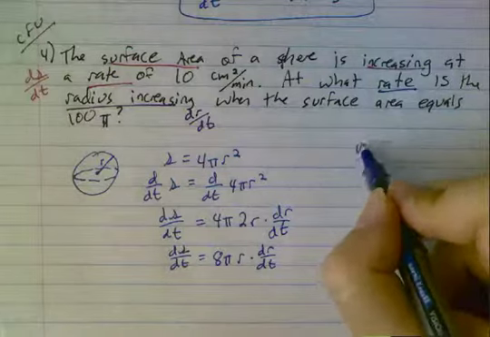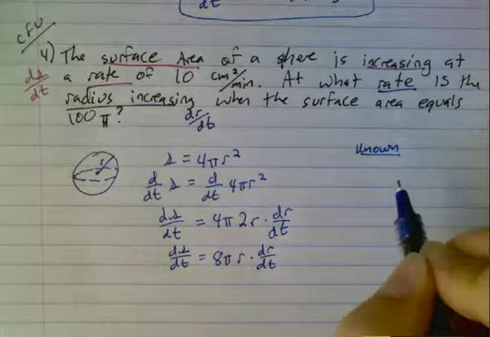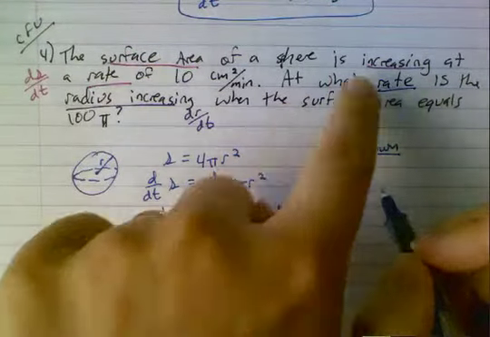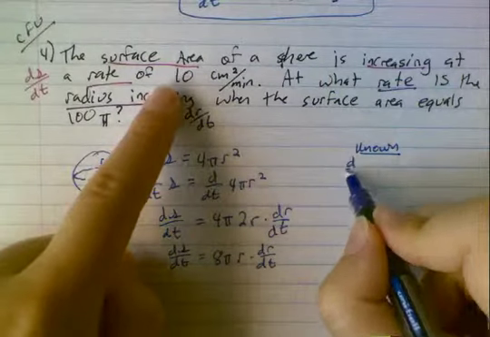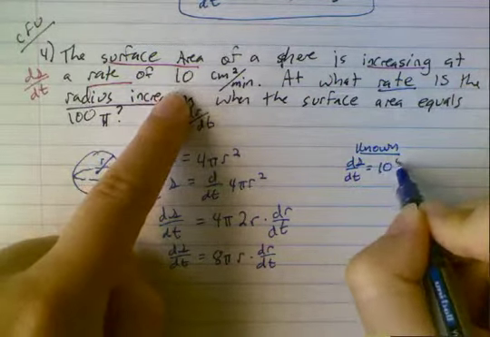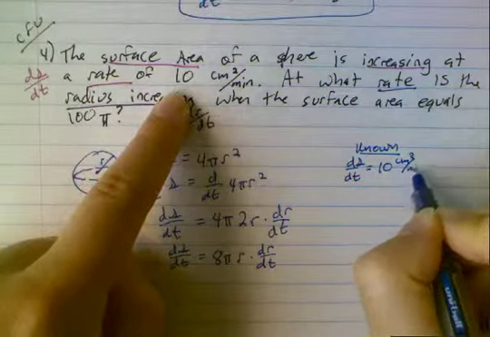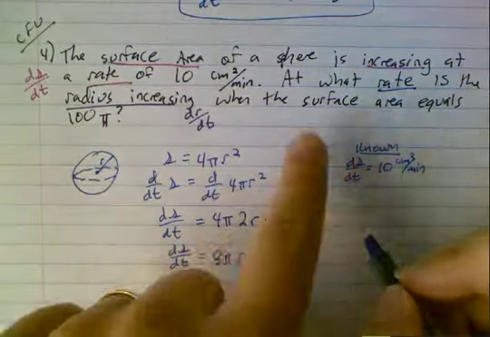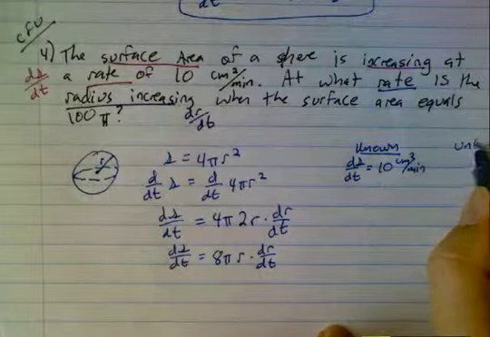So our knowns, surface area increasing, so that's a positive dS dt, 10 centimeters squared per minute. At what rate? Unknown.